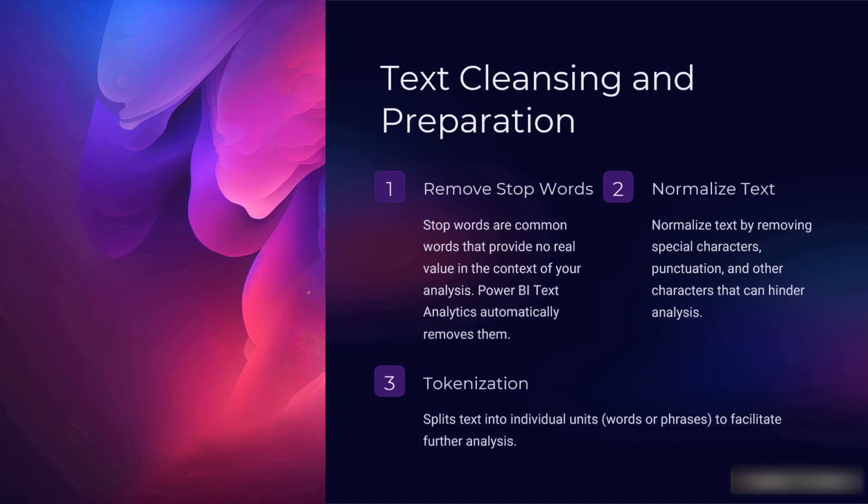Now there are a few more things that we need to consider while we perform text analytics. We need to follow these best practices. Number one is remove stop words. What are stop words? Stop words are simply the words which don't add real value in the context of analysis.